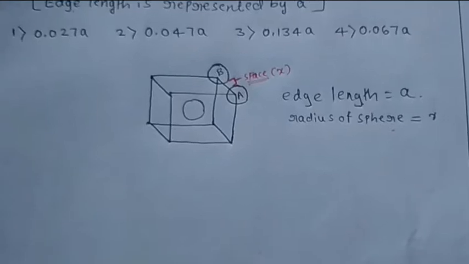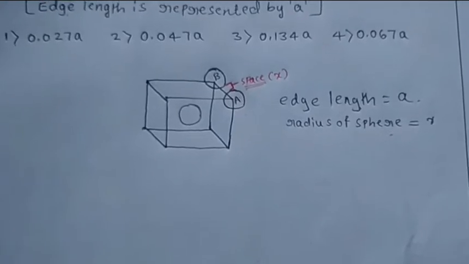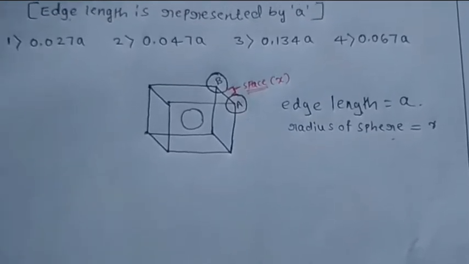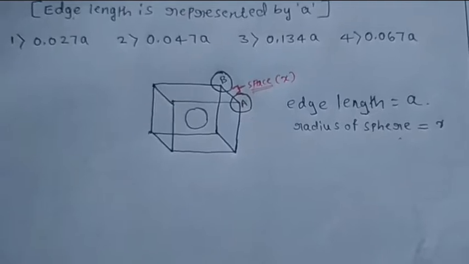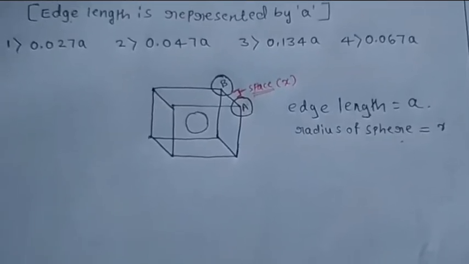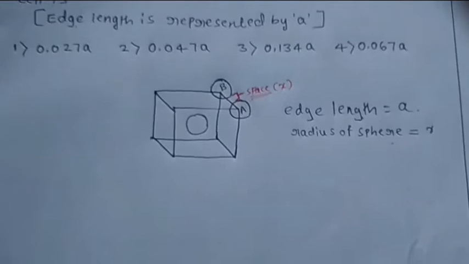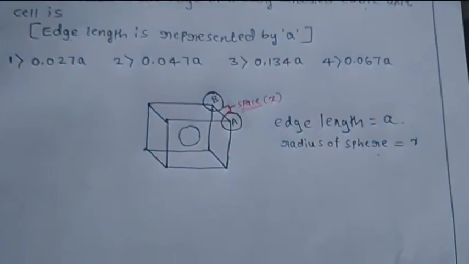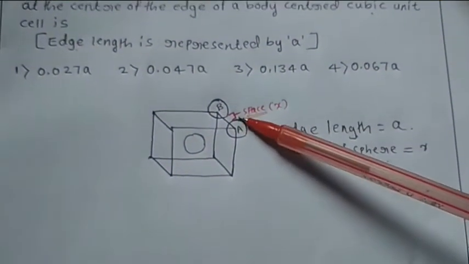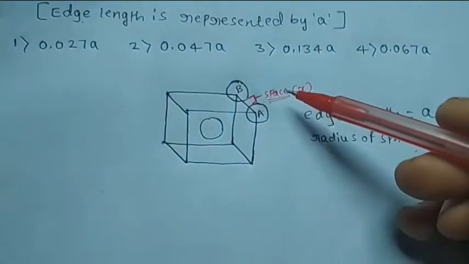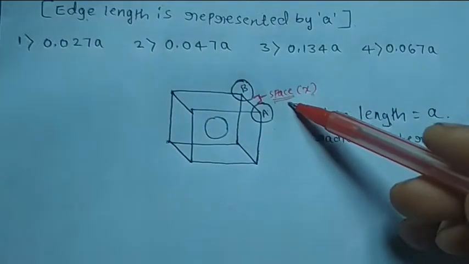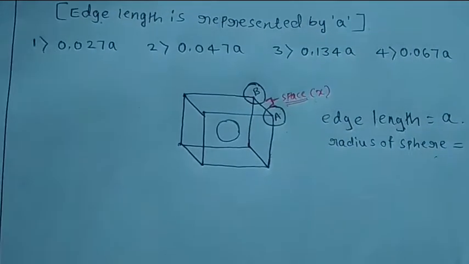Some space is there in between two spheres at A and B. We introduce or fit one more sphere in that space properly and have to calculate the radius of the introduced sphere. For our convenience, space is indicated by x.